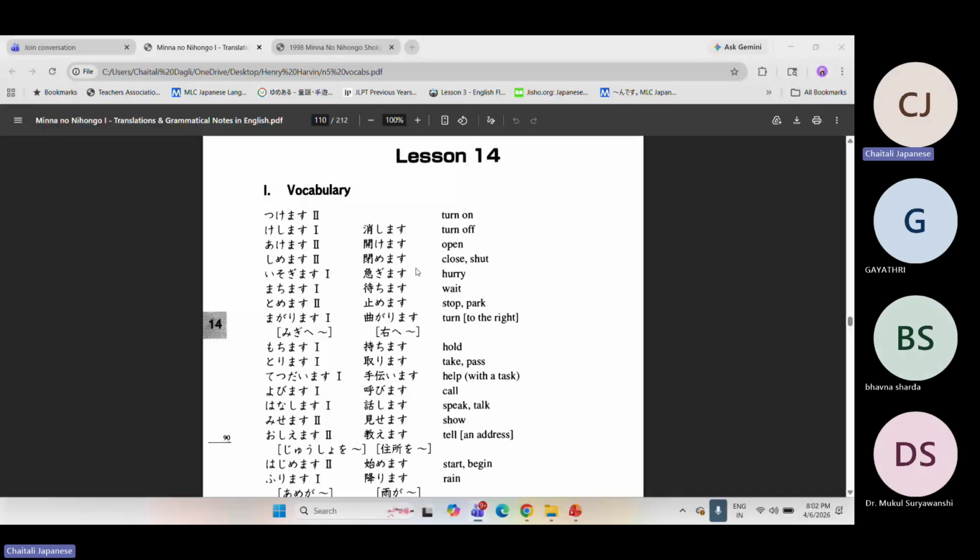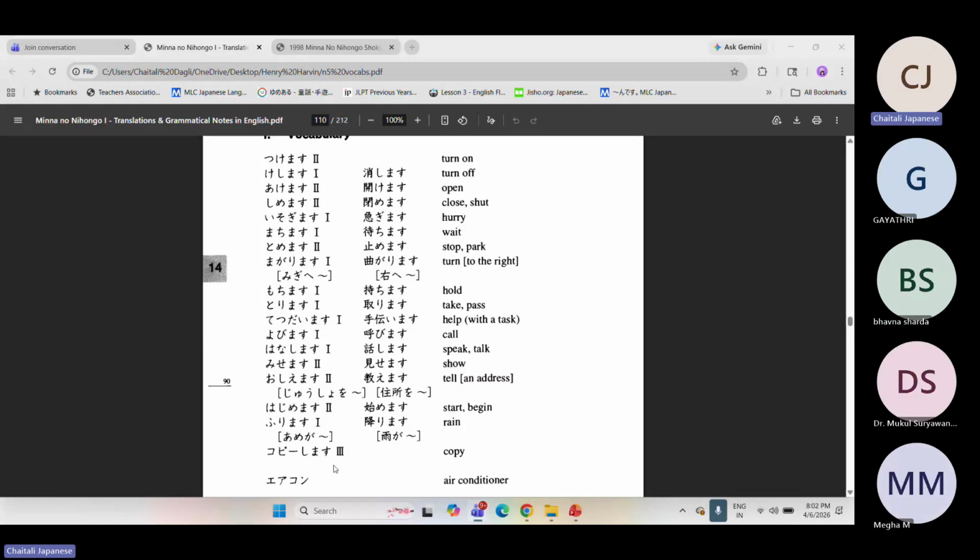The Roman numbers which you see here, 1, 2, 3, these are actually your group numbers. Now, how are you going to identify which verb will fall under which category? I will be telling you that while I'm going to explain you chapter number 14.